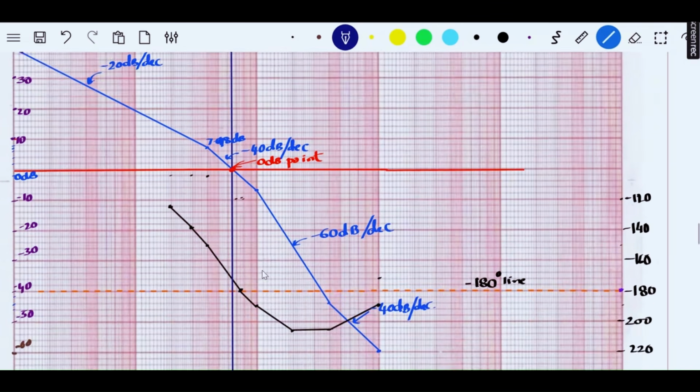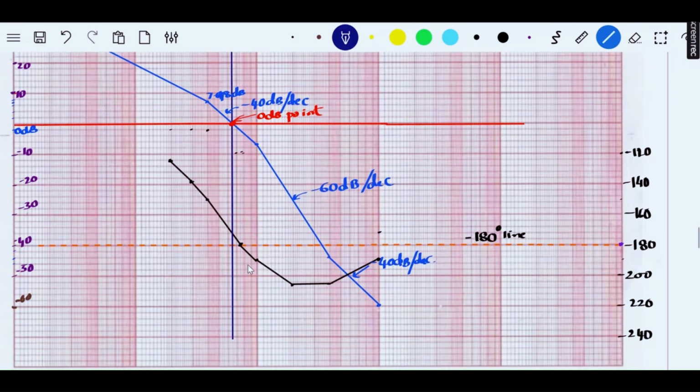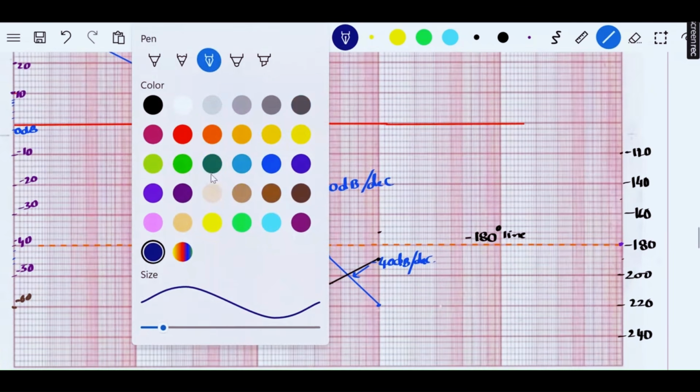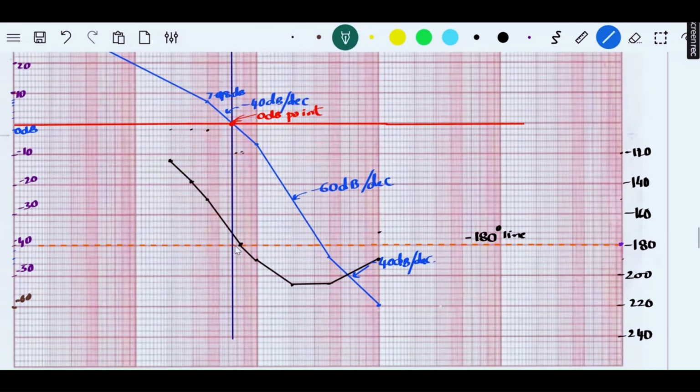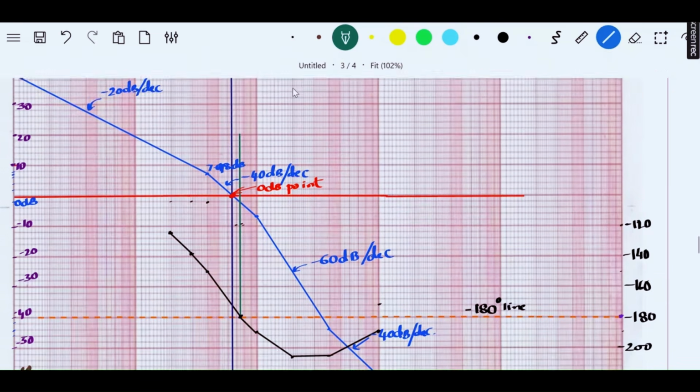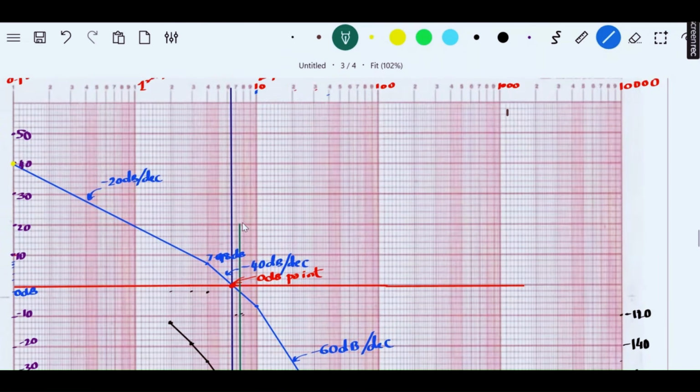Now I need to draw one more line which is crossing 180 degree towards the magnitude plot and 0 dB line. So I'll take a straight line from here, exactly straight, and this line should extend further, which should also cross the frequency.